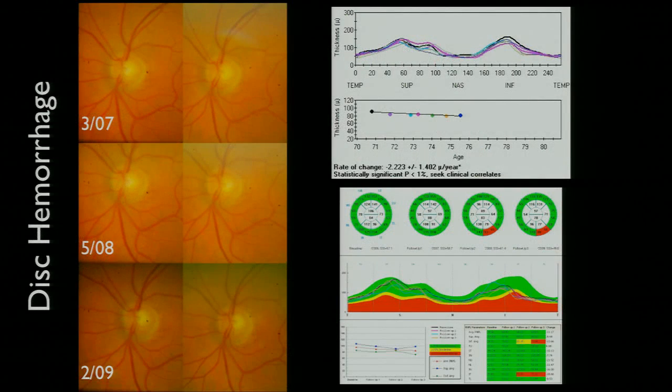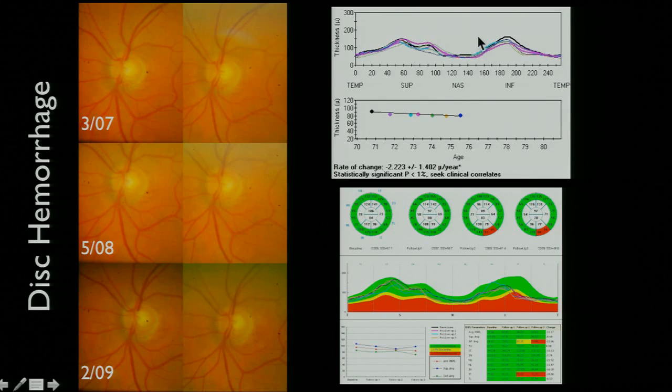Here is an example of a patient who had a disc hemorrhage here in March 2007, right here at 6 o'clock. You can see that the hemorrhage has disappeared by the next disc photo a year later. And it is very difficult, actually, to see whether or not a change has occurred just on examination of these stereo photos of the discs.